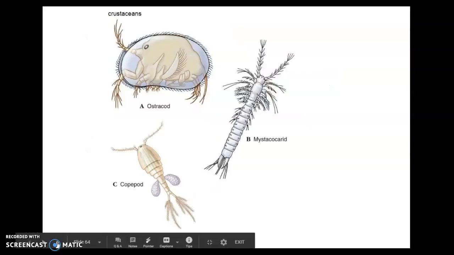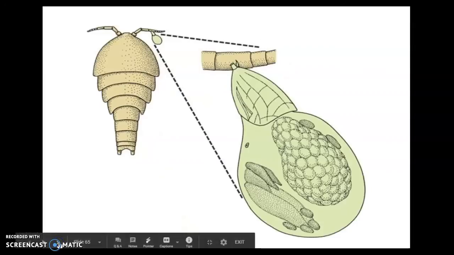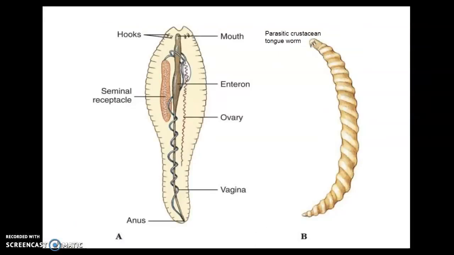Quite a diverse group. Some are small, some are big. Copepods, these are egg sacs on a copepod. And they're a good food source for little fish and other organisms, either in freshwater or in marine water. This is a reproductive structure on the antenna of this organism. Pretty crazy. And this one is a parasitic crustacean, believe it or not.